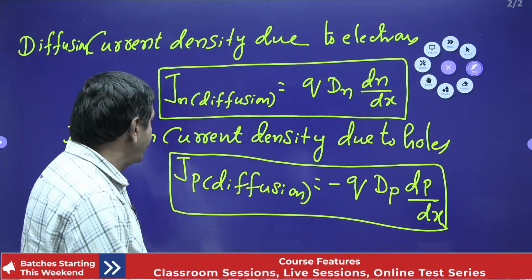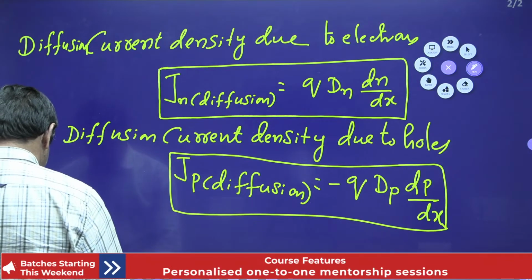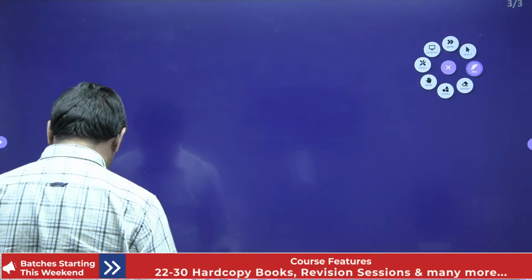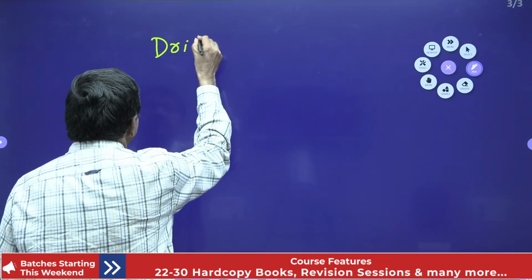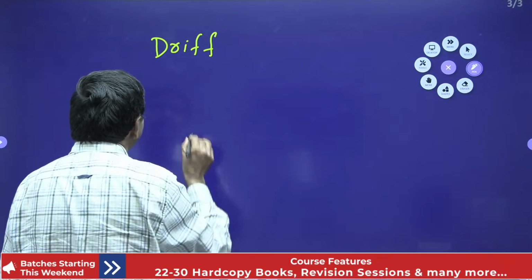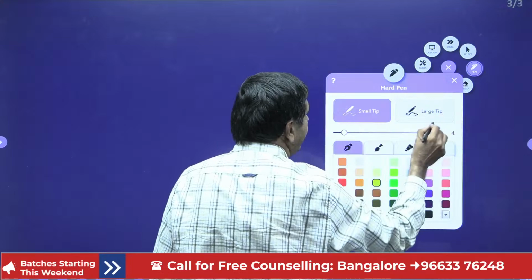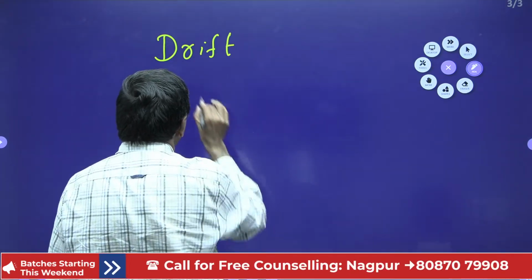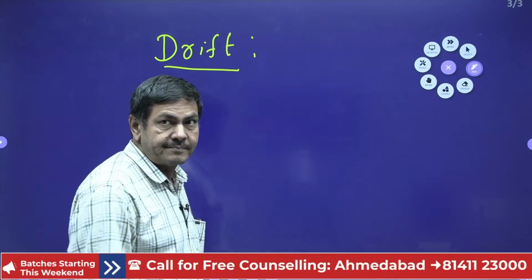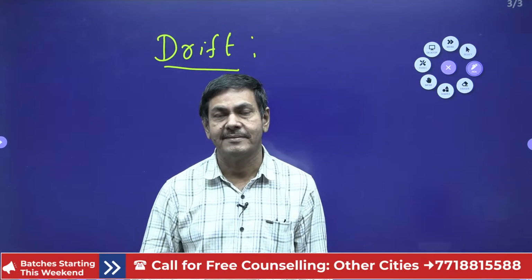The next one required is drift. Drift is very important. When is drift possible? We use the drift current in the PN junction diode generally.